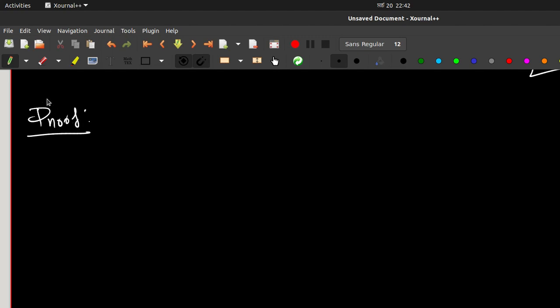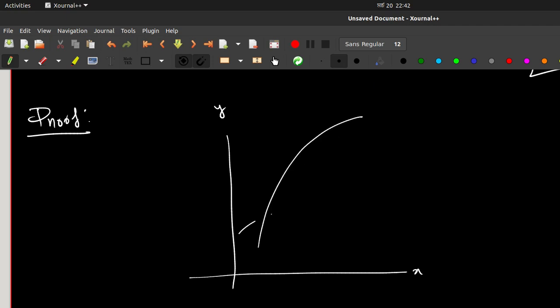To prove it, let's draw a picture first on the z plane. Again, this is x and y. Let's say this is one of the curves, this is the other curve, this is the intersection point z0, and let's take a point z2 that is near z naught, and this is another point z1.